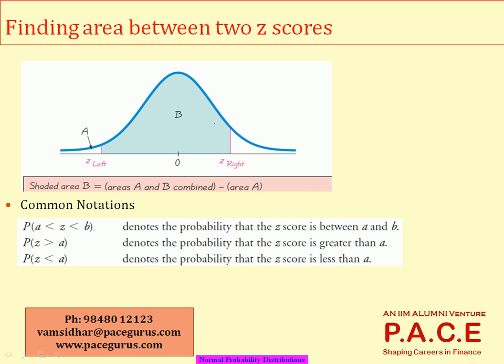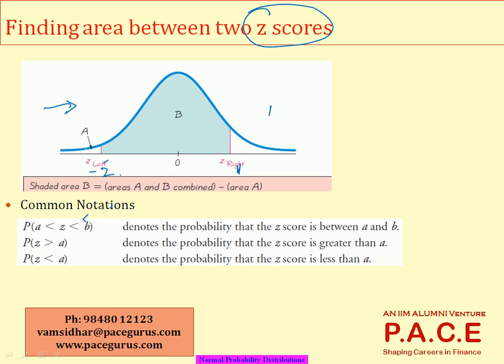So this is what it is. I can think of the areas between any two z-scores. As a simple example, let's say this is minus 2 and this is plus 1. I want to find the area between z equal to minus 2 and z equal to 1. The general area is always taken from the left-hand side.